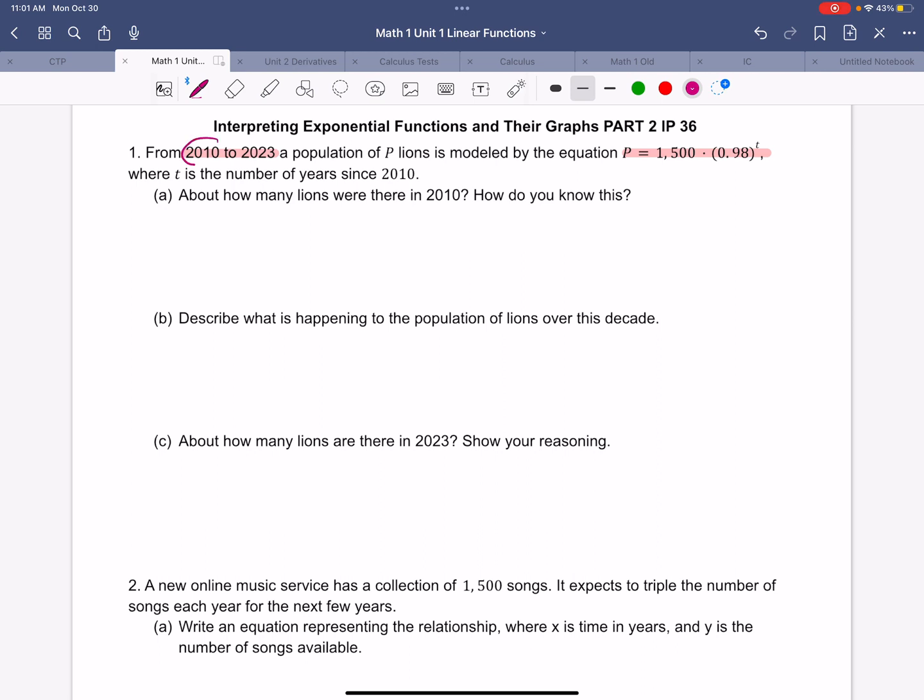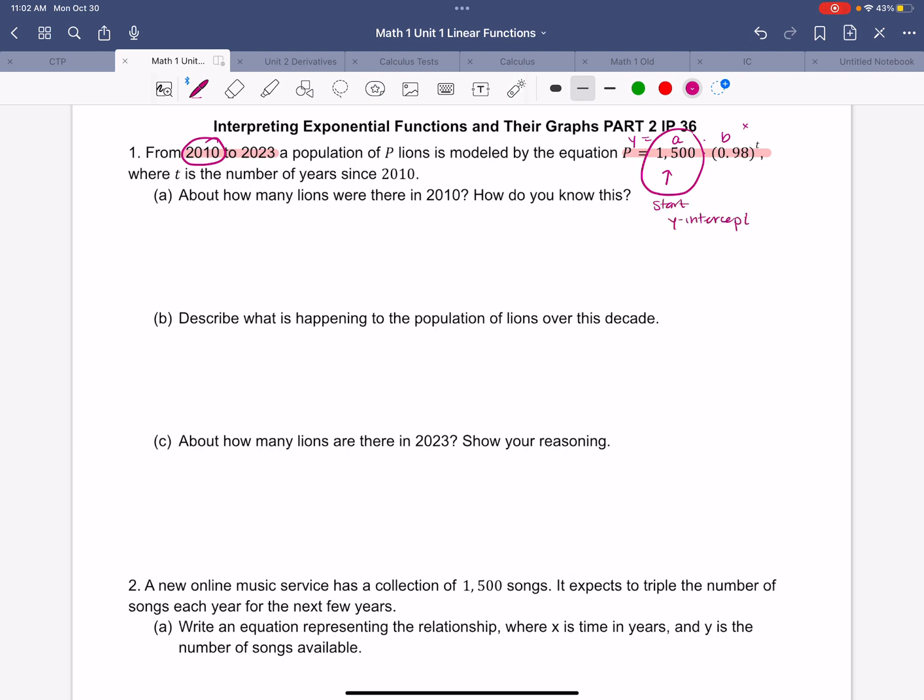Since my equation starts at 2010, we know the general form of an exponential is y equals a times b to the x power. So a is my starting point, or my y-intercept.